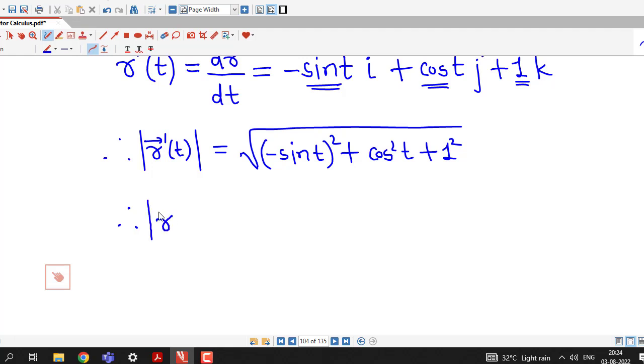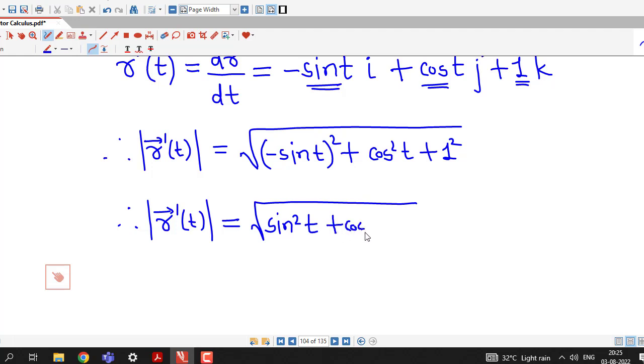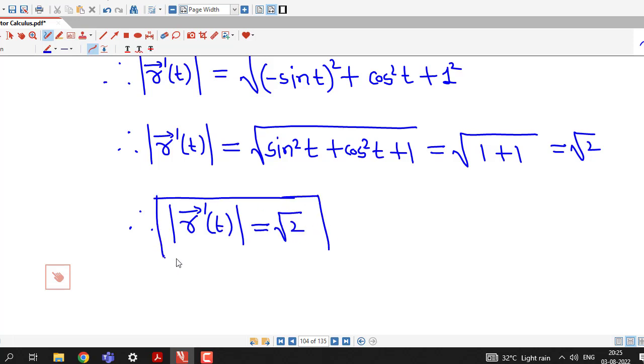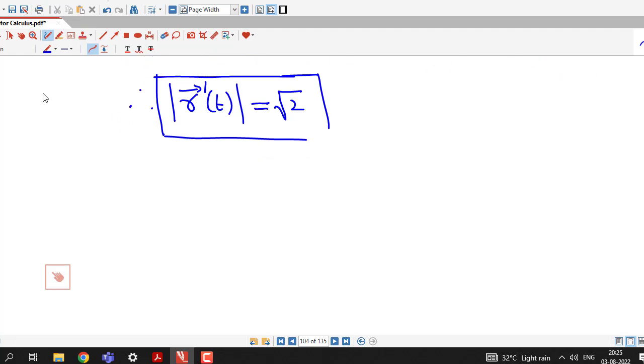Therefore the length of r bar dash t is the square root of sin square t plus cos square t plus 1, and sin square t plus cos square t is 1. Therefore the length of r bar dash t is equal to square root of 2, and we have to integrate this with respect to t from t equal to 0 to t equal to pi.